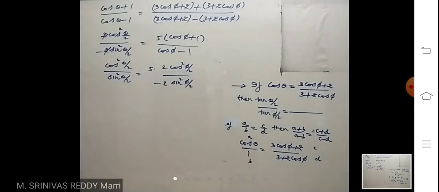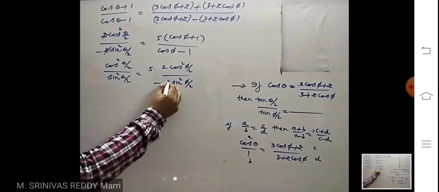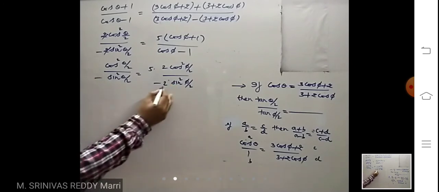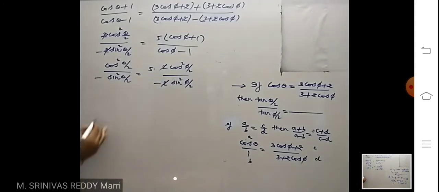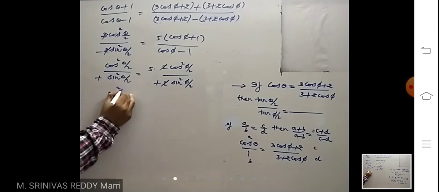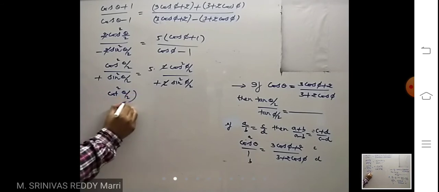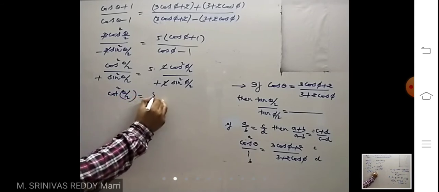Just a basic formula. So 2 and 2 get cancelled and the minus also got cancelled. So now, cot square theta by 2 equals 5 into cot square phi by 2.